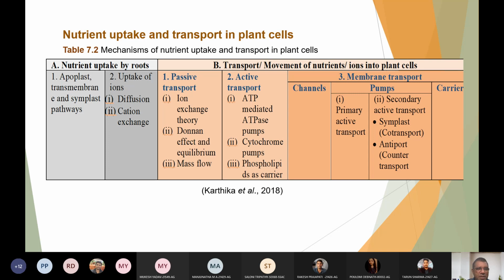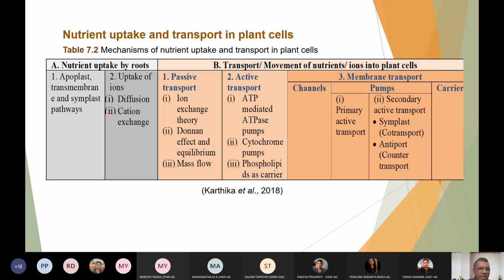So you see nutrient uptake by roots. Number two, transport or movement of nutrients or ions into plant cells. It is by three different means. It can happen partly by passive transport, partly by active transport, and membrane transport. Three mechanisms for transport or movement of ions from one cell to another cell.